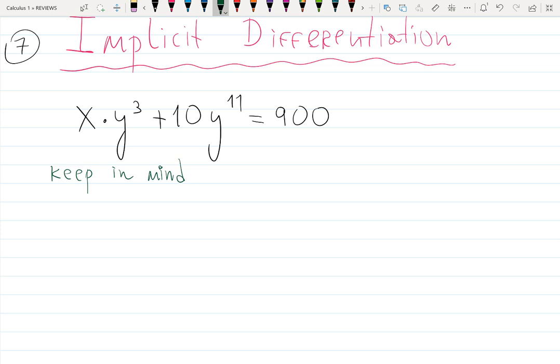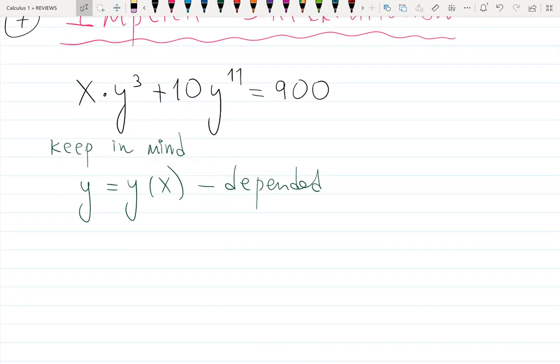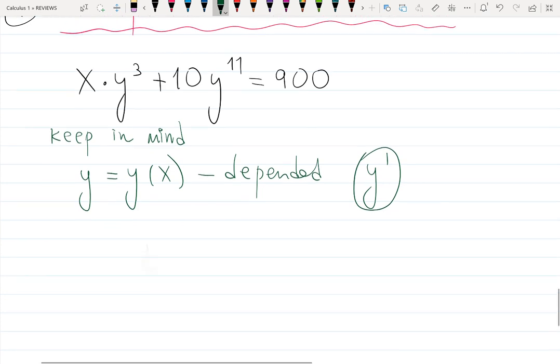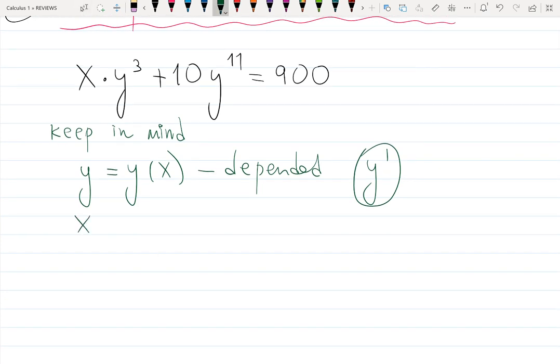What I mean here is that the y function depends on x. That's why it's called the dependent variable. That means every time I have some kind of derivative that involves y, the derivative of y will be y prime. That's basically based on the chain rule. But x is just x, and it's called the independent variable. That's not a cool one.